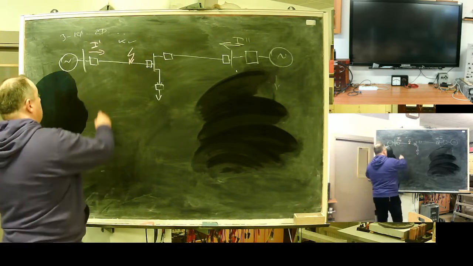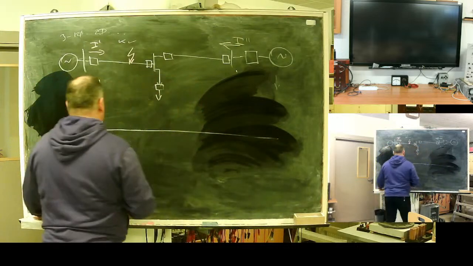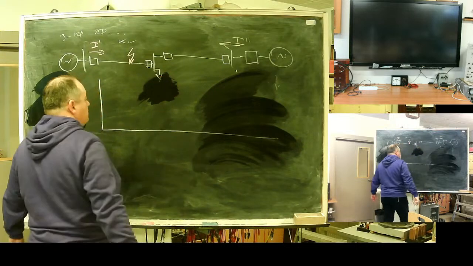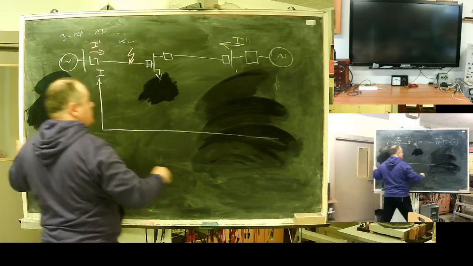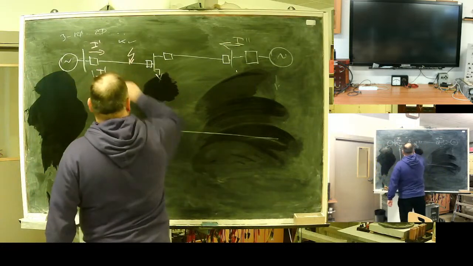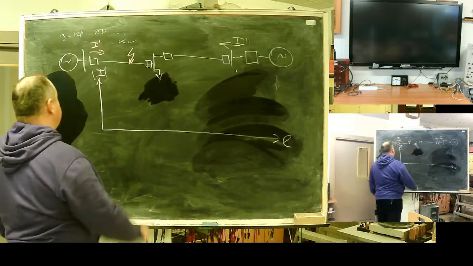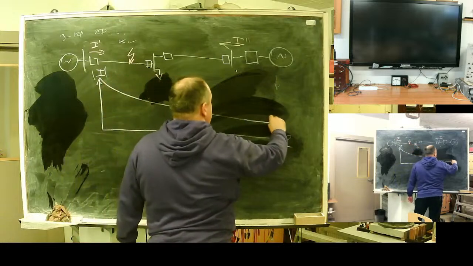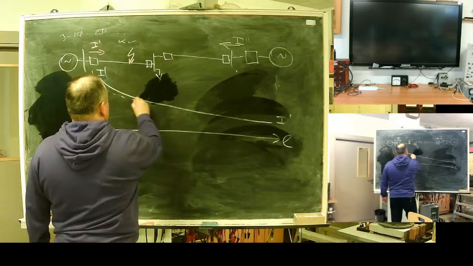So if we start to analyze, I'll need to draw this simple law. It's a chart: fault current as a function of fault distance. For I1, it will be something like this.